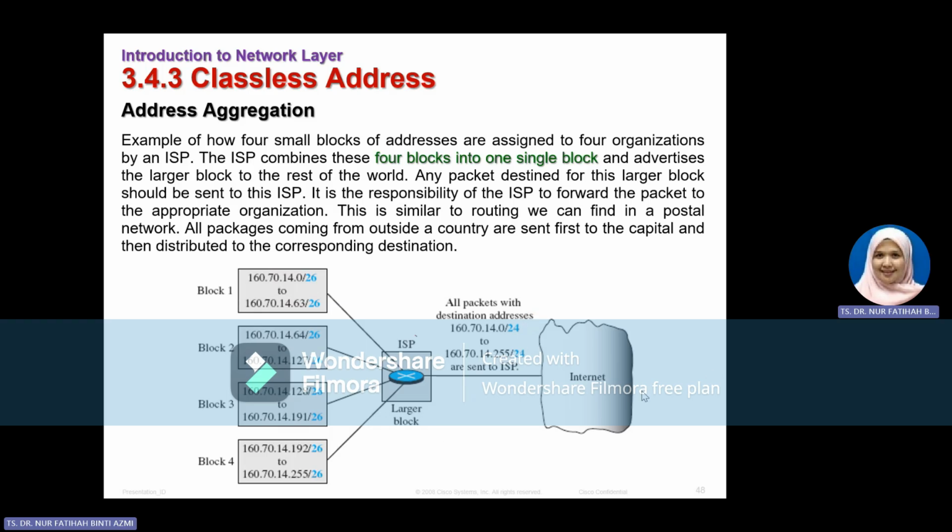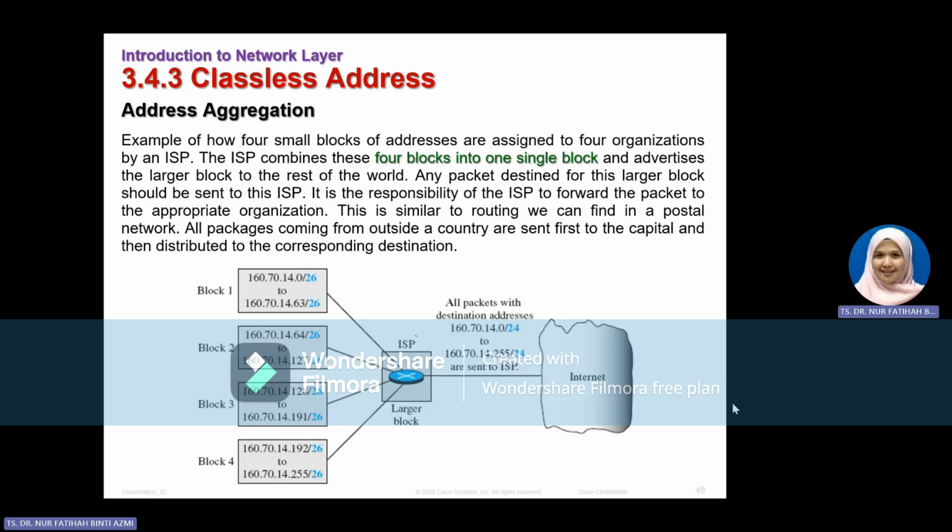When a packet from the internet is destined for any address between 0 and 255, the internet routers only need to know to send it to this ISP based on the 160.70.14.0/24 block.